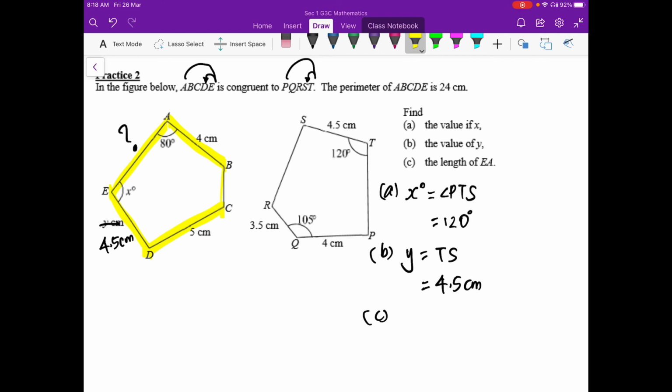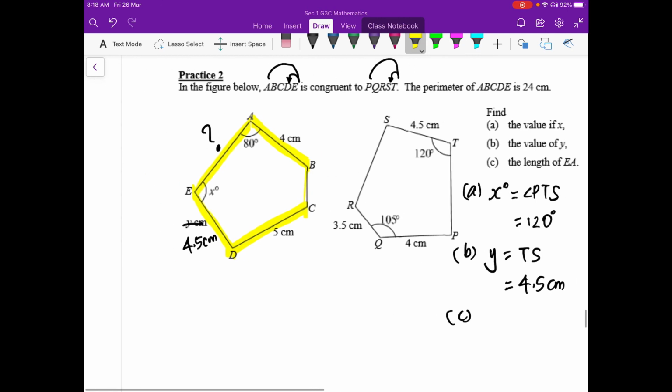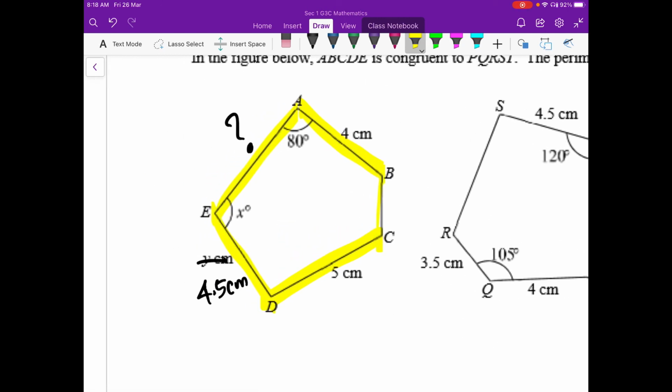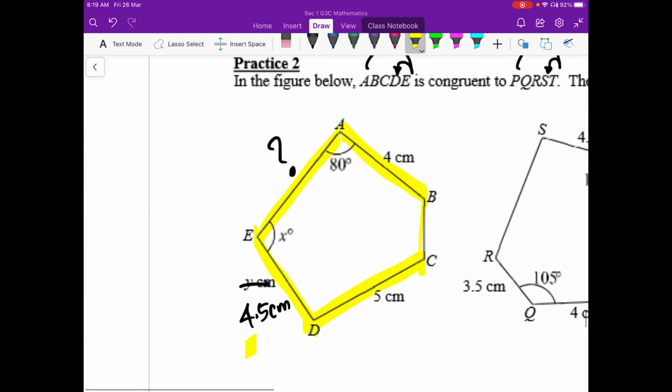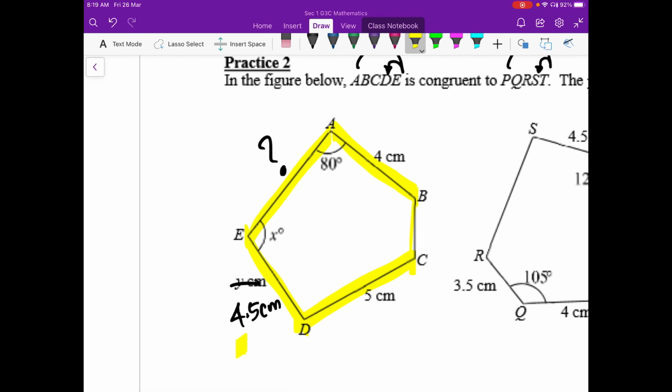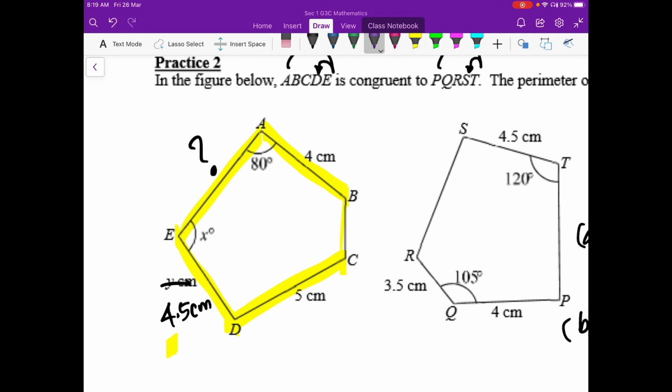Daniel, look at the screen. Okay, so first, do you agree that this is 4.5 cm already? Okay, and the yellow color highlighted parts will be 24 cm, right? Then we want to find the value of EA. Okay, so now BC equals to RQ. This part is the same as RQ, which is how much? 3.5 cm.